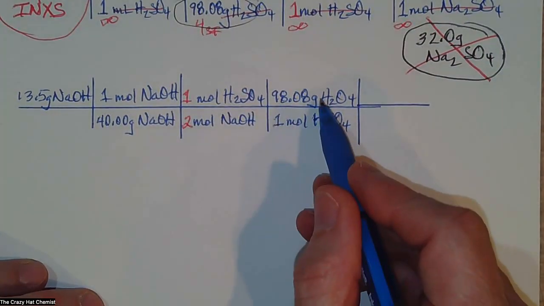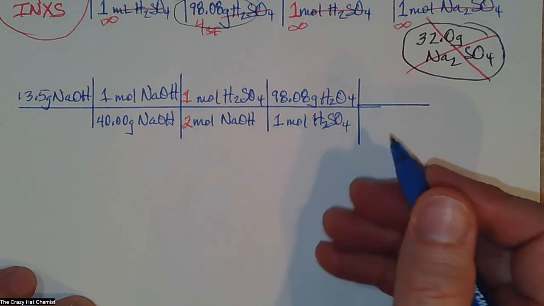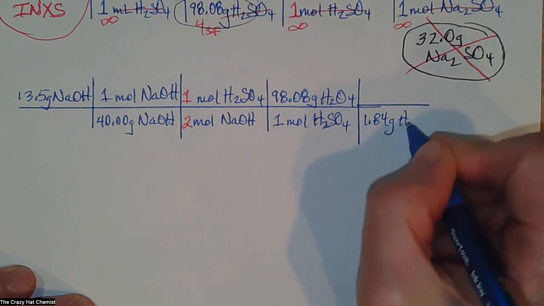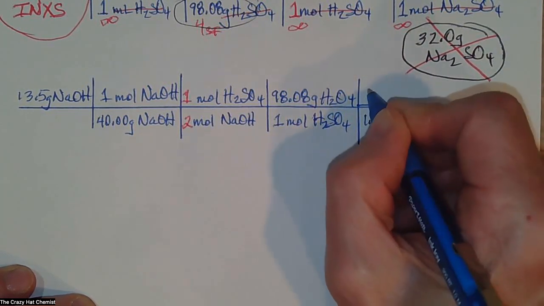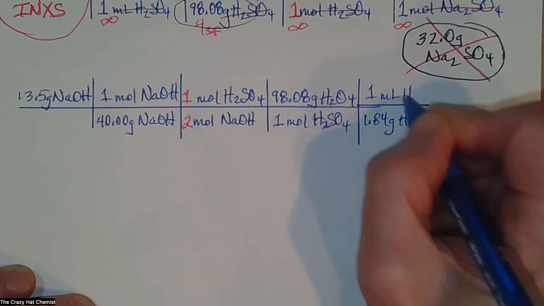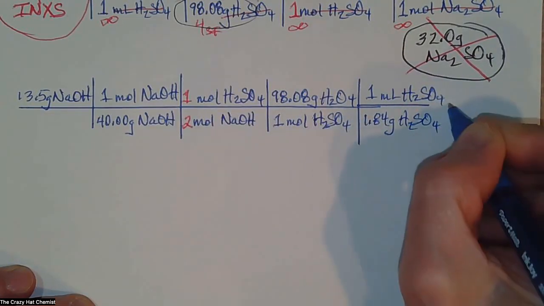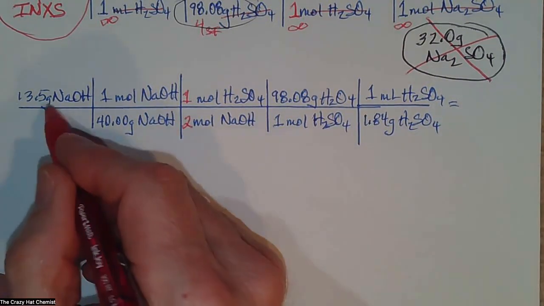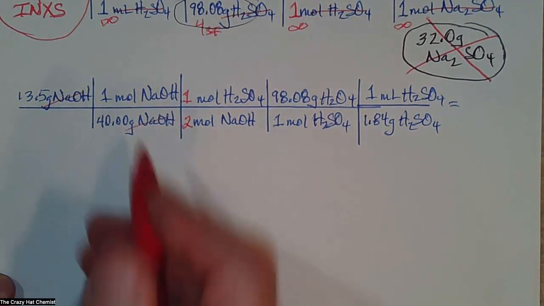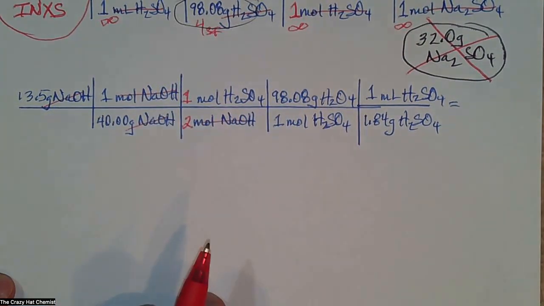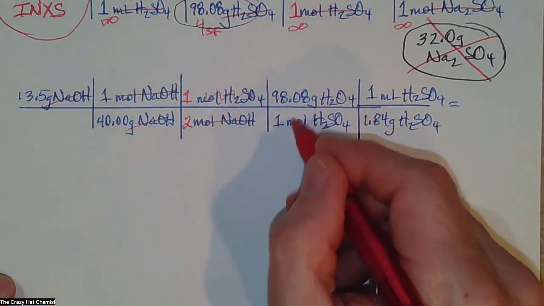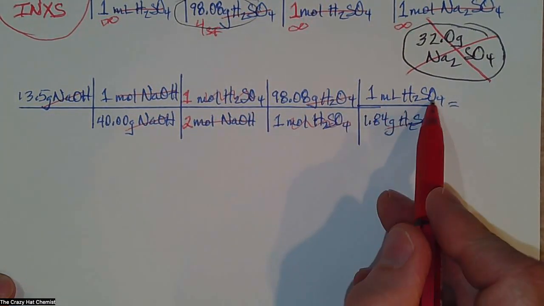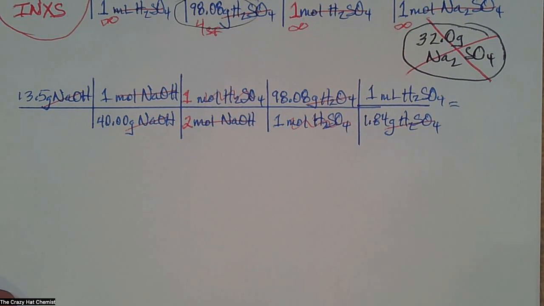So I'm going to take this mass and, using the density, 1.84 grams of H2SO4 is equal to 1 milliliter of H2SO4, right? You should see by this whole long calculation, the grams of sodium hydroxide cancel, moles of sodium hydroxide cancel, moles of sulfuric acid cancel, grams of sulfuric acid cancel, and I'm left with milliliters of sulfuric acid.